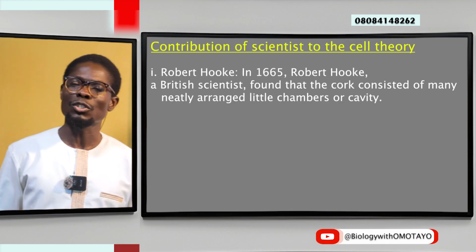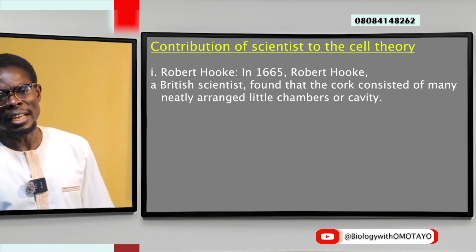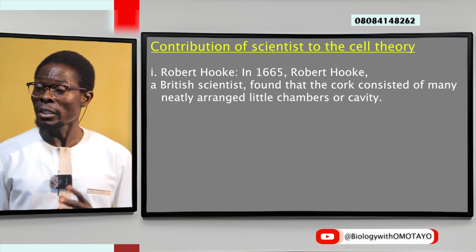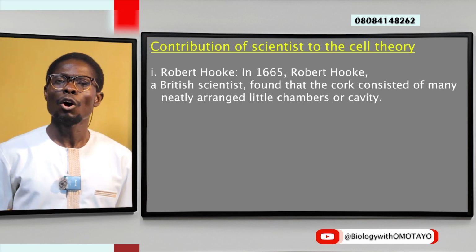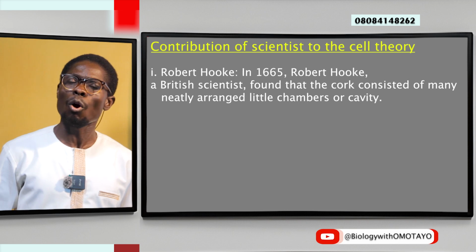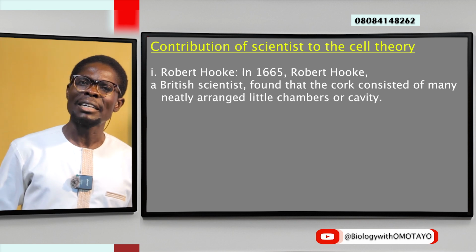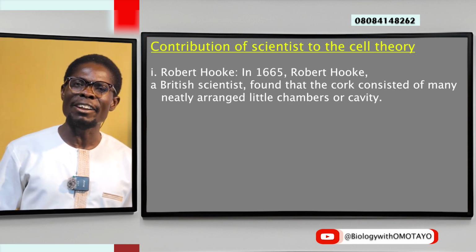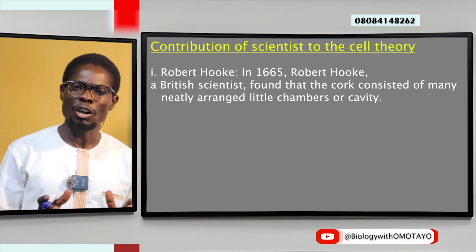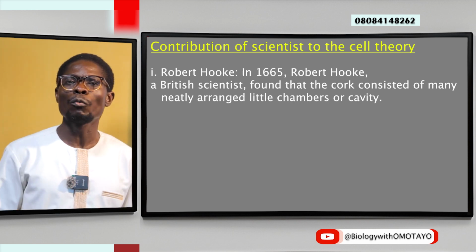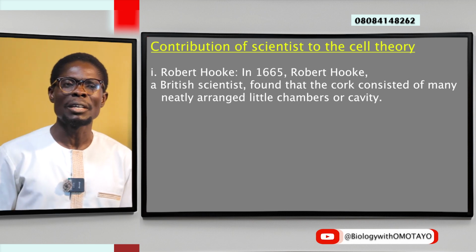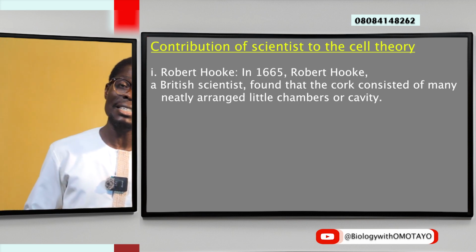We will be starting with Robert Hooke. Yes, Robert Hooke in 1665 discovered the cell. He was a British scientist who examined cork, and having looked at the cork under a compound microscope, discovered that there were unique arrangements of components compacted together to form the cork.